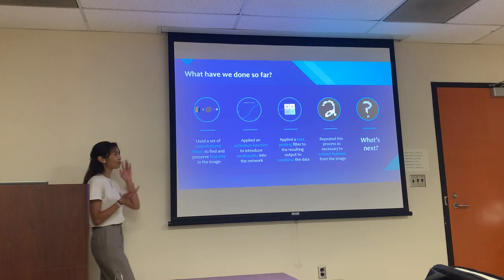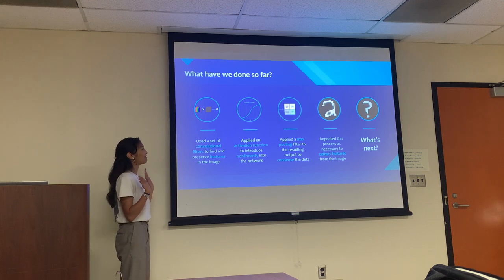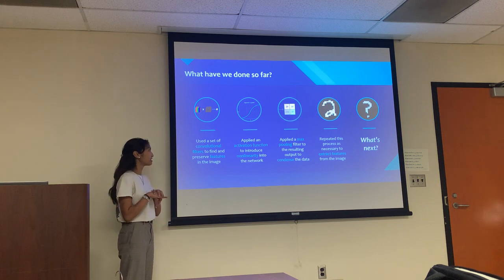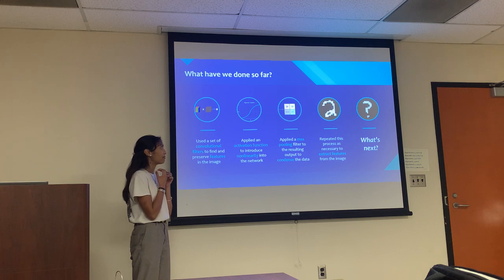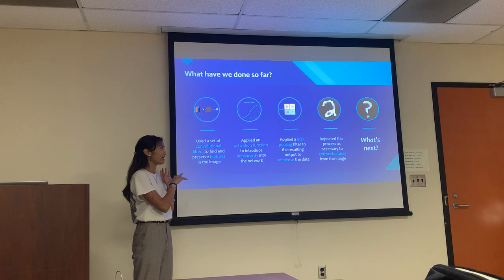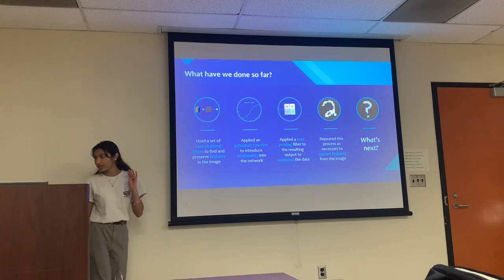This is just a summary of what we've done so far. We use convolutional filters to get certain features of the image, and then we apply an activation function to introduce nonlinearity. Then we use max pooling to condense the data, and keep doing this to get the necessary features that we want.